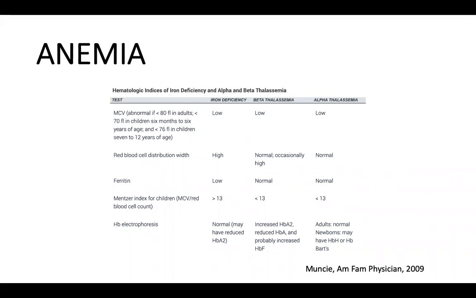But if I have a low MCV, I'm going to look for iron deficiency anemia. And if I don't have iron deficiency anemia, I'm going to send off a hemoglobin electrophoresis. And to me, this is not discriminatory.